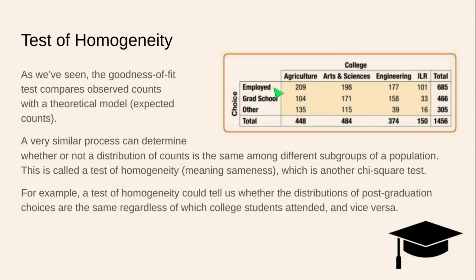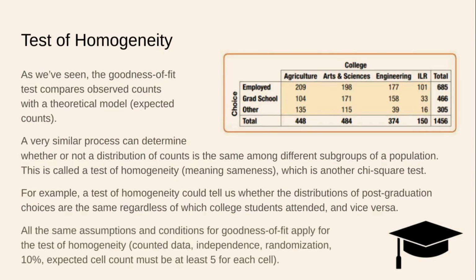In other words, is it more likely for people in agriculture to go right into employment than for arts and sciences? Or is the distribution of the post-grad choices the same regardless of which college you're going to? That is a homogeneity question, and we'll be using a test for homogeneity to determine that in just a little bit.